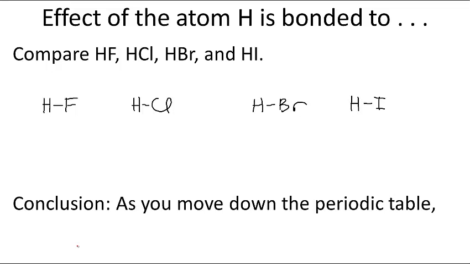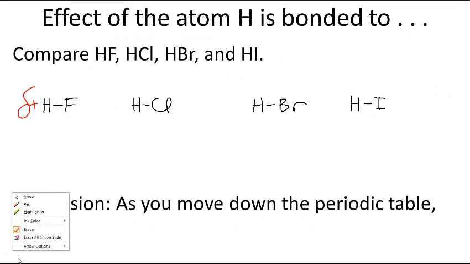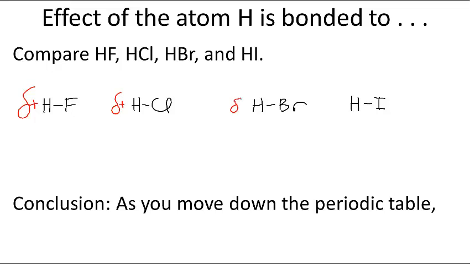So if we think in terms of partial charge, we'd again think big partial positive here, a little bit smaller, smaller, smaller. So biggest partial positive over here on HF, smallest on HI. So for the same reason as the last one, we'd predict HF would be the strongest among these.